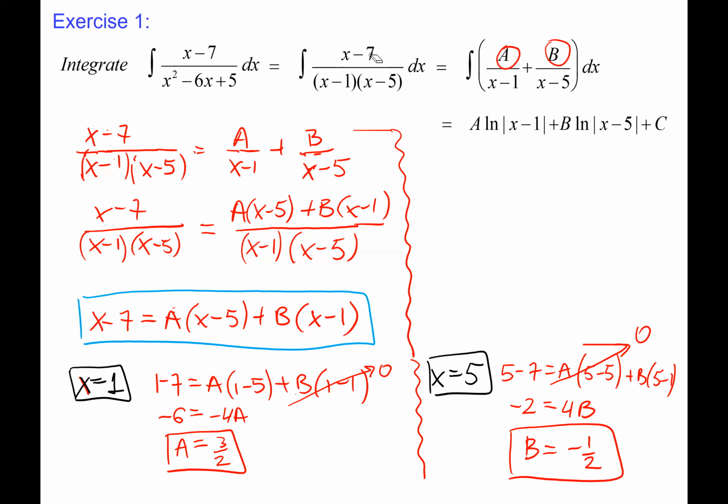And now the final answer is 3 halves ln of x minus 1, and then minus 1 half ln of x minus 5, and plus the constant. That's the way to rewrite as a partial fraction and find A and B.